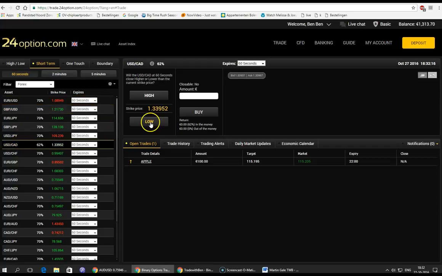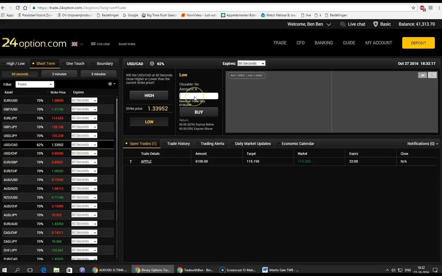US dollar, Canadian dollar is starting a downtrend right now. So let's see if we can go with that trade. Just take it as low as possible, guys, and let's wait for it to go down more to confirm the downgoing trend. 47.38.